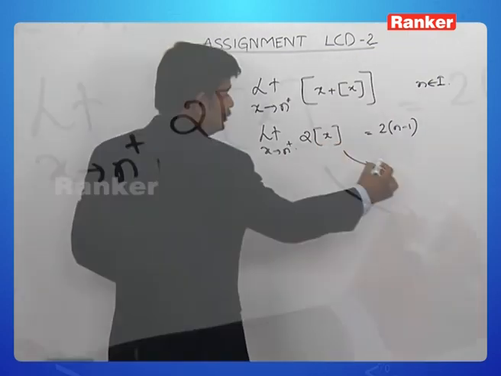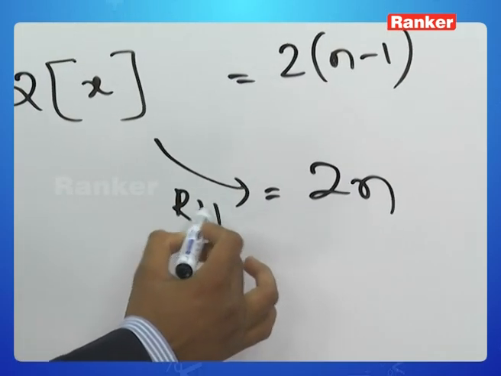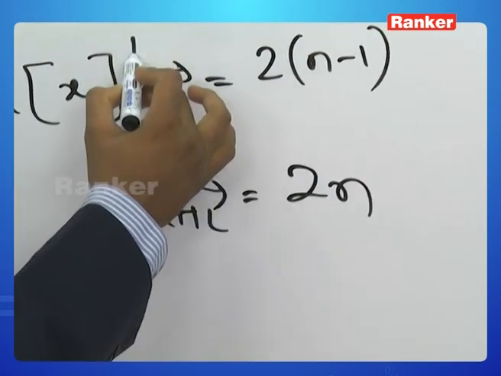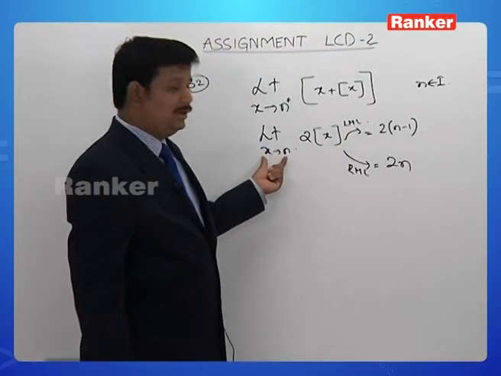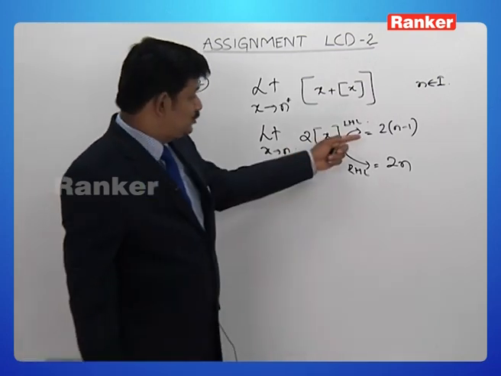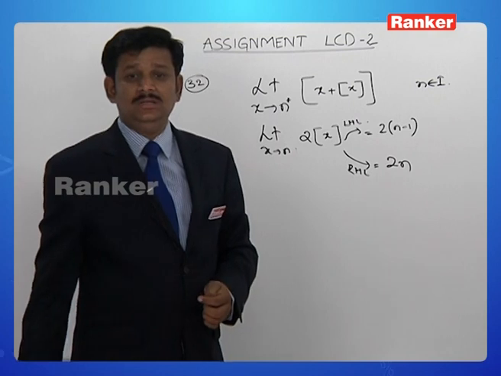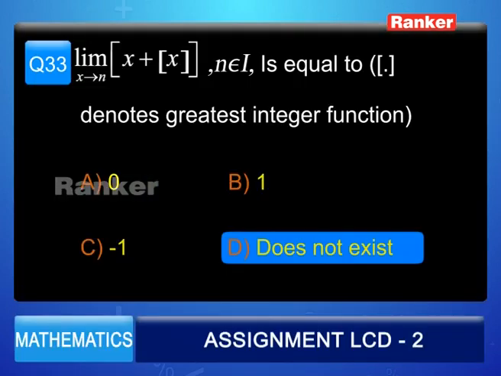So, this is 2n. We can see RHL is 2n and LHL is 2 into n minus 1. These two, because they are different, we can say limit does not exist, or the answer is option D.